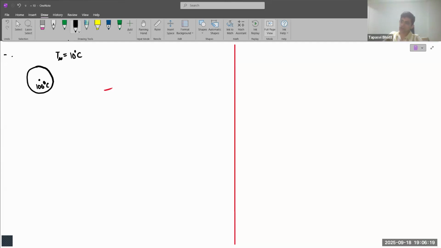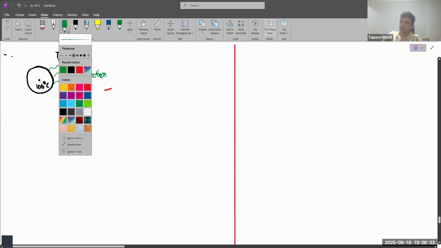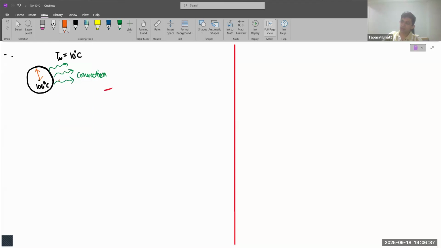So, two things are going to happen. One is that there is going to be convection, which will happen. And along with that, there will be some conduction happening as well.